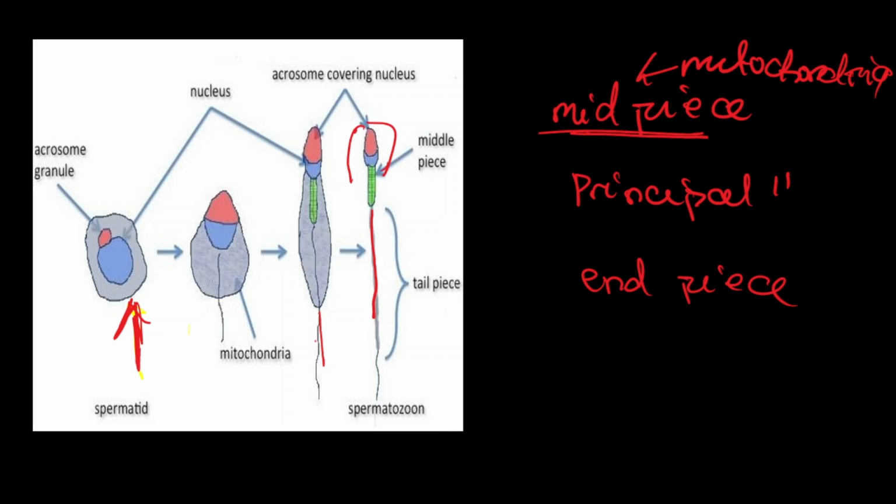The acrosome covers about 2/3 of the head piece, and it contains certain enzymes that help the penetration of the sperm into the zona pellucida of the ovum. Okay, so right here, what we have is a mature spermatozoa.